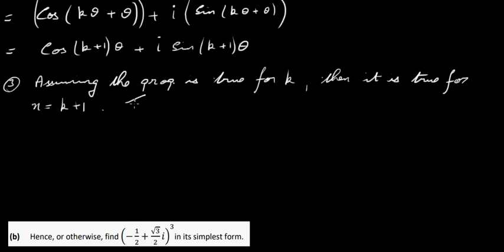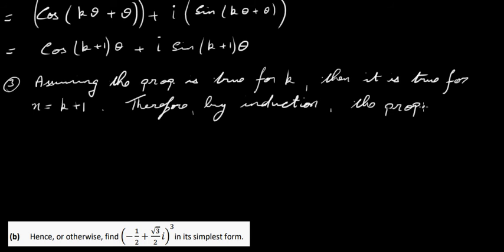Therefore, by induction, the proposition is true for all natural numbers, all n is an element of N. Okay, and that's it. That's really de Moivre's theorem there, if you like.